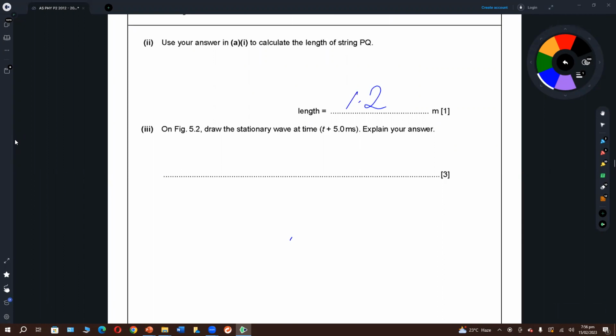On figure 5.2, draw the stationary wave at time t plus 5 millisecond.